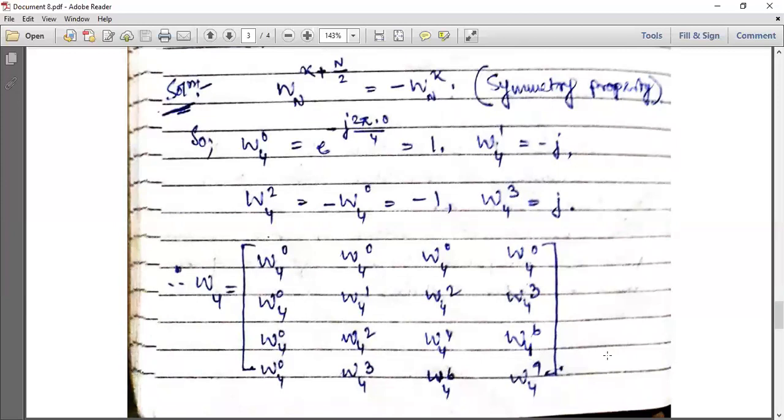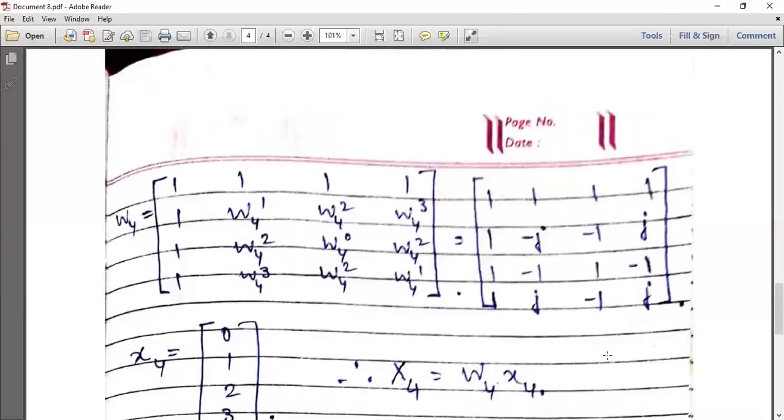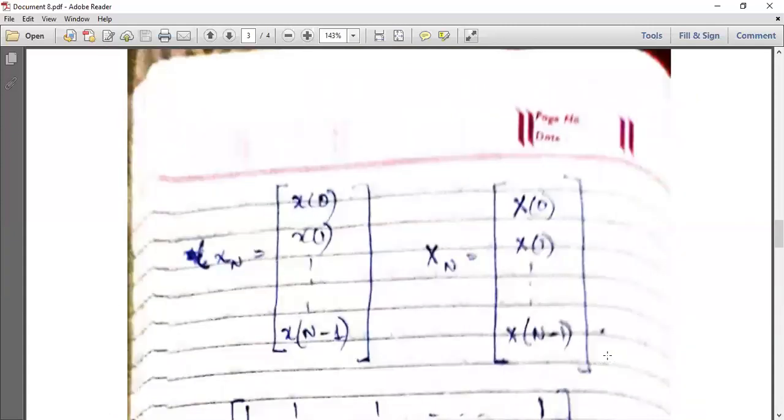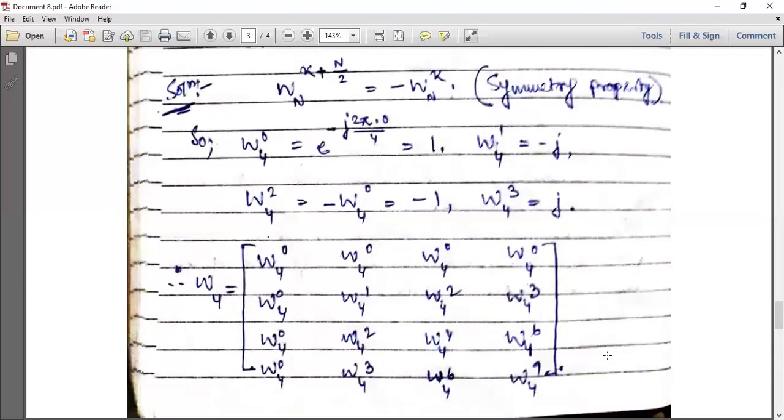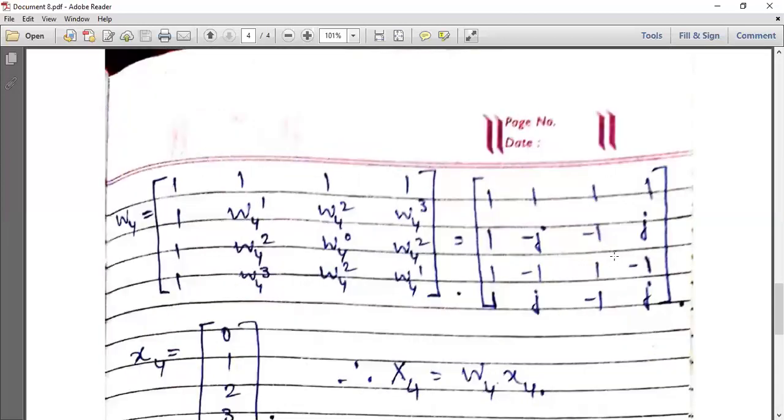Now, what will be the values? In the first column and first row, I have replaced all by 1.